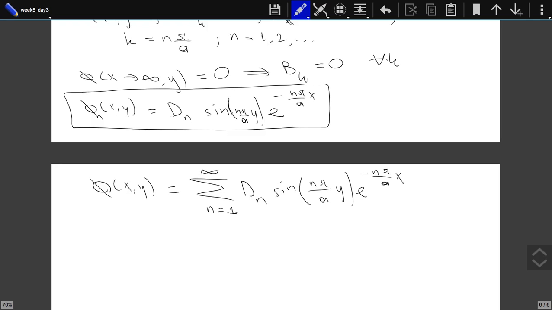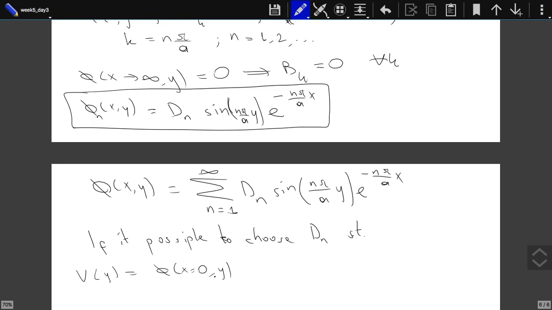Then the question is, is it possible to choose d_n such that it also satisfies my boundary at x equal to 0? That is my last boundary condition. You see, we said that the potential when x is equal to 0 should be equal to V(y), whatever that V(y) is.